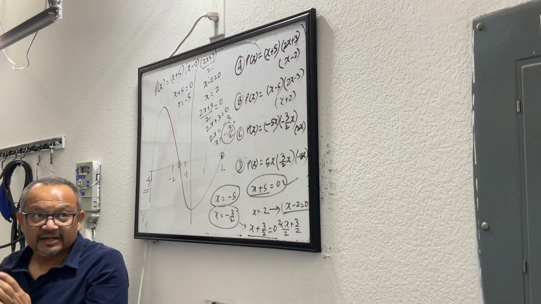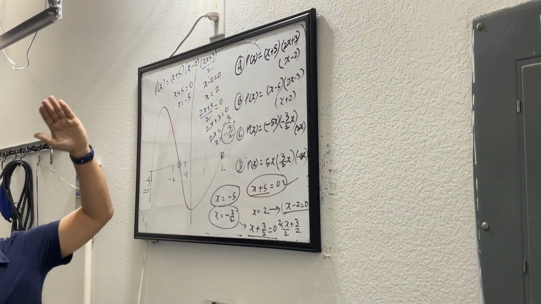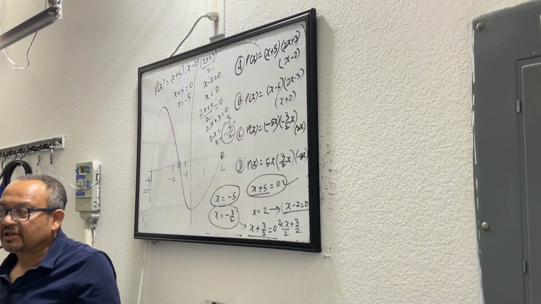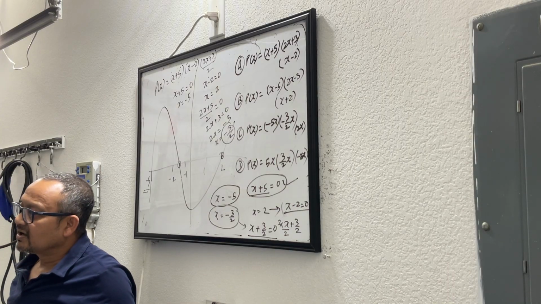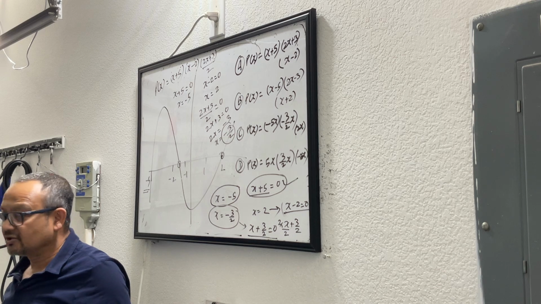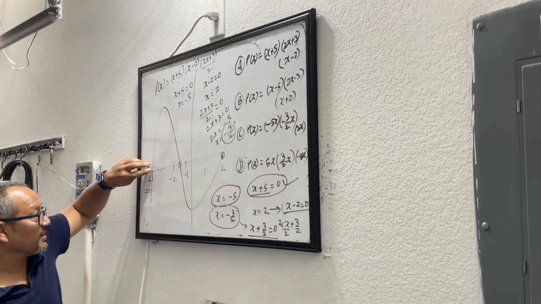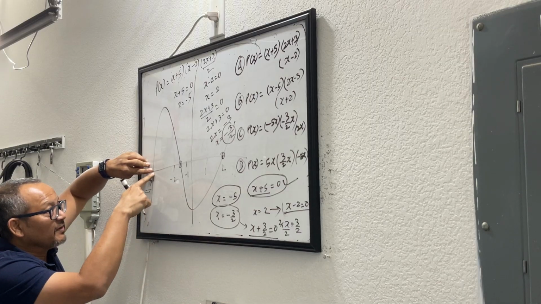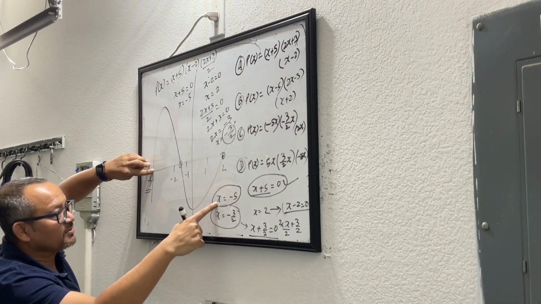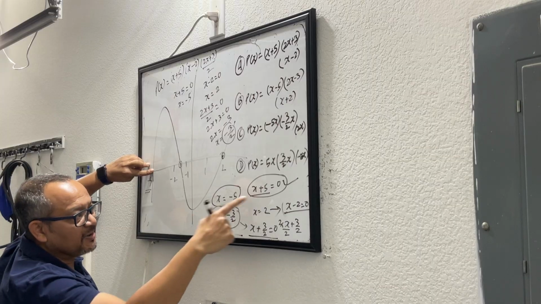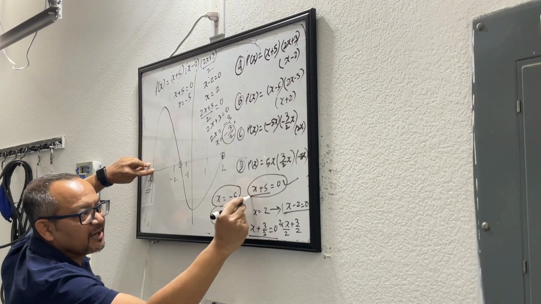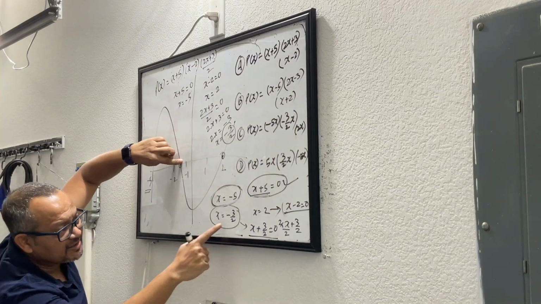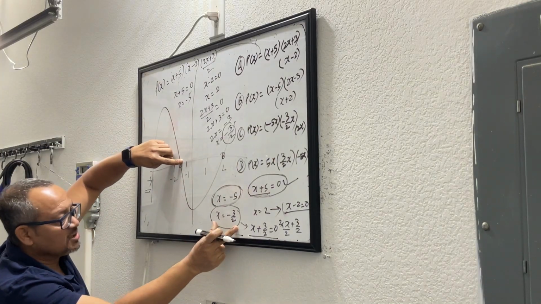So again, the way we learned the zero of a polynomial was that these are the points where the value of the polynomial could become 0. When x is equal to -5, I just wrote it down, and when I brought all the things together, it became x plus 5 equal to 0. This is one scenario. When x is equal to -3/2, this is what we saw in the graph.